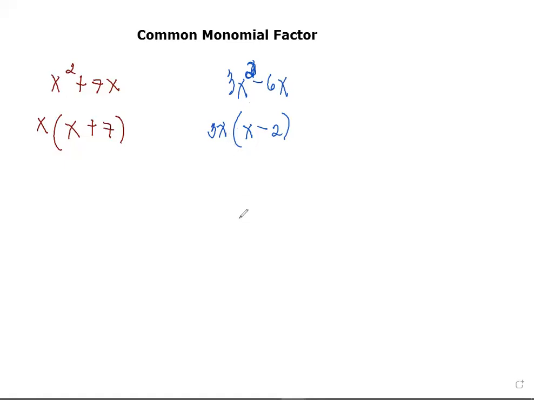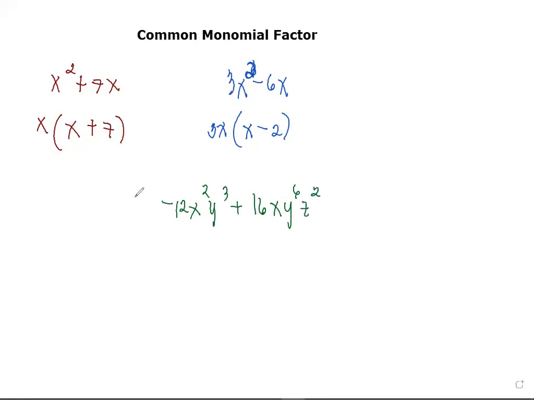So for the last example of common monomial factor, we have negative 12x squared y cubed plus 16x y raised to 6 z raised to 2.